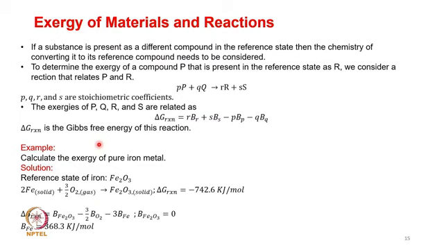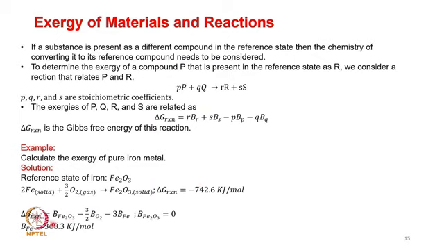So, now how to calculate? Let us again take an example: calculate the exergy of pure iron metal. The reference state of iron is, of course, Fe2O3, that is how you typically see iron. So, Fe plus oxygen yields Fe2O3 and it comes with a free energy of reaction.